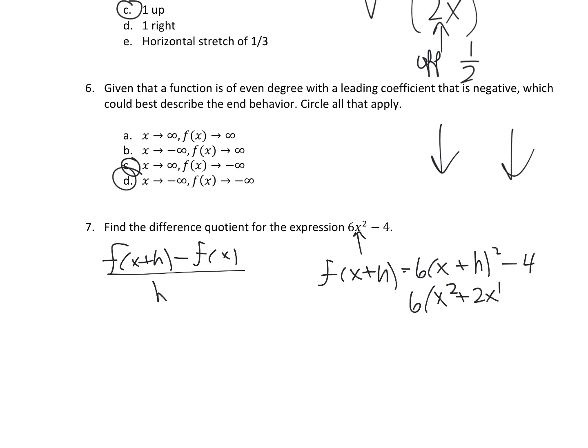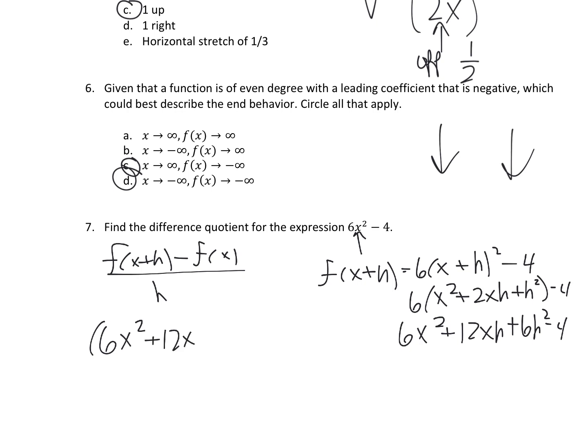You have to distribute and FOIL this. Remember, it's not x squared plus h squared. So I get 6x squared plus 12xh plus 6h squared minus 4. So we have 6x squared plus 12xh plus 6h squared minus 4, minus 6x squared plus 4.